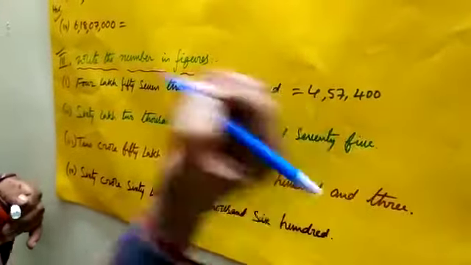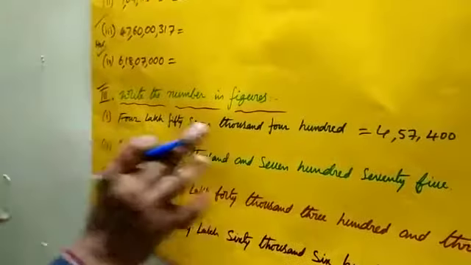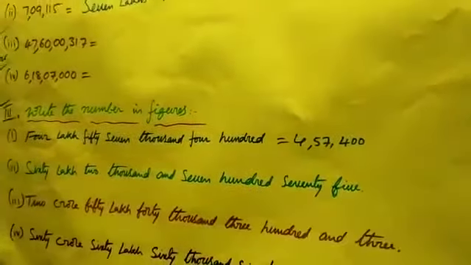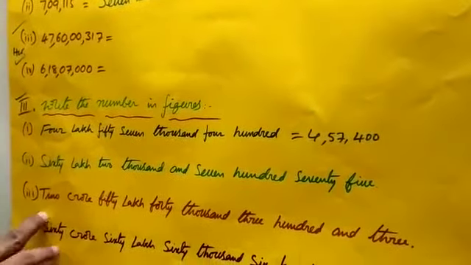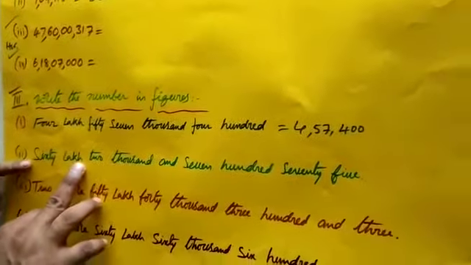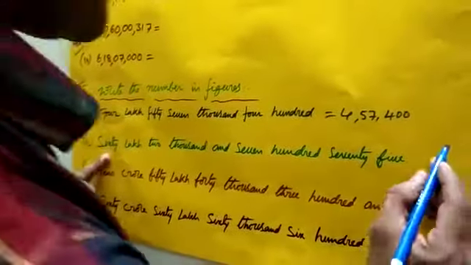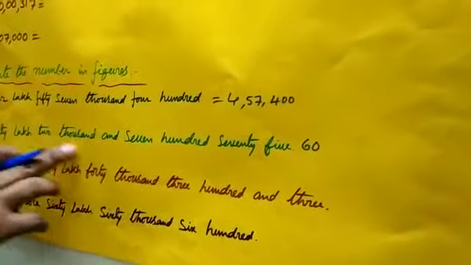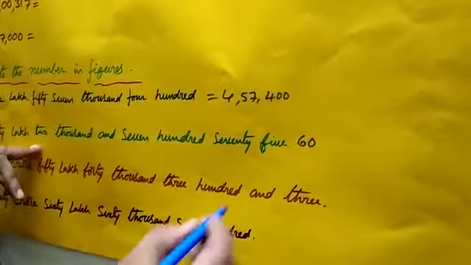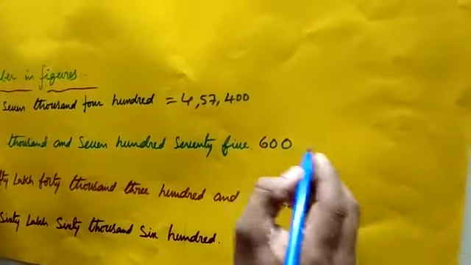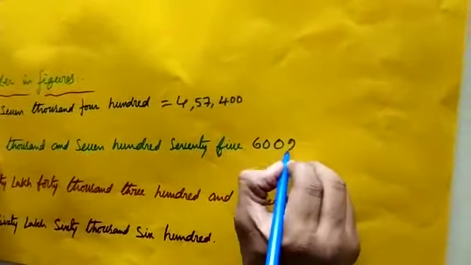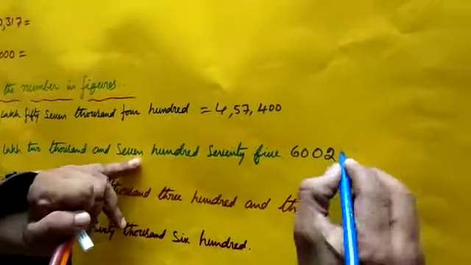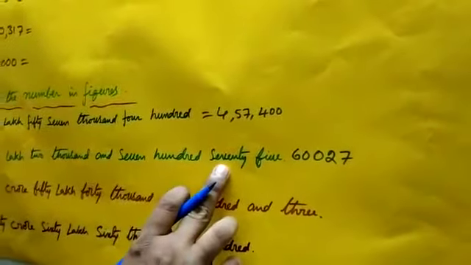See, this is 4 lakhs 57,400. Like 60 lakhs 2,000, 60 lakhs 2,700, 2,700, 2,775.